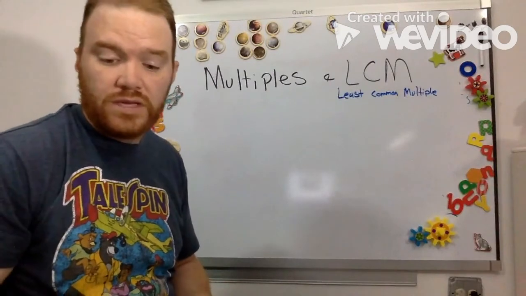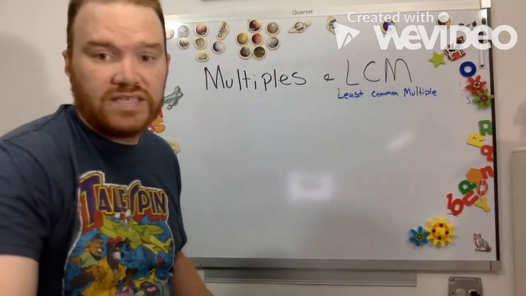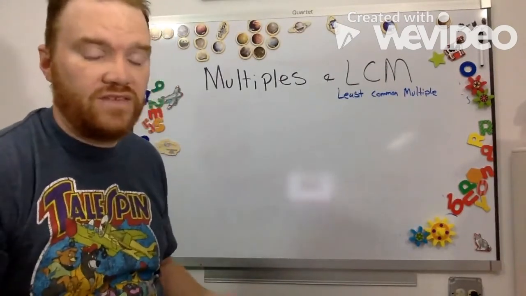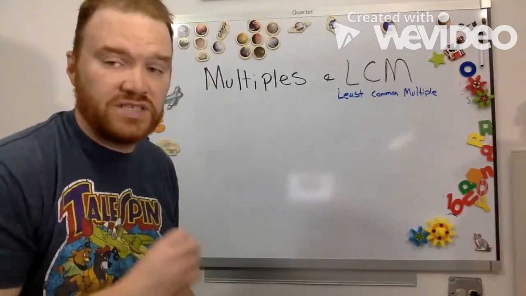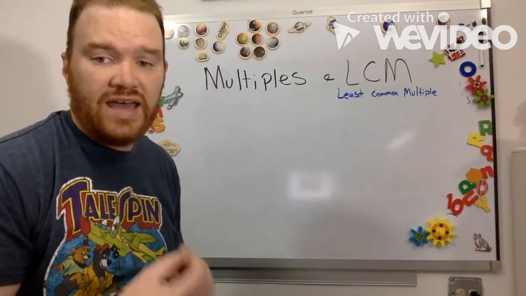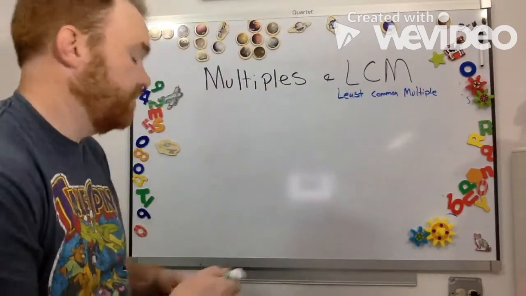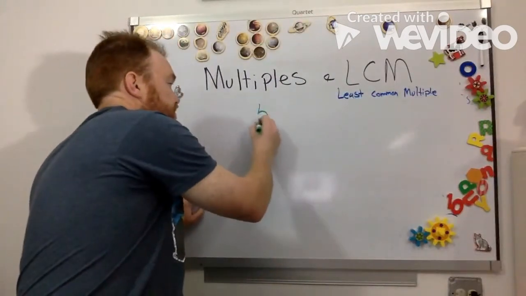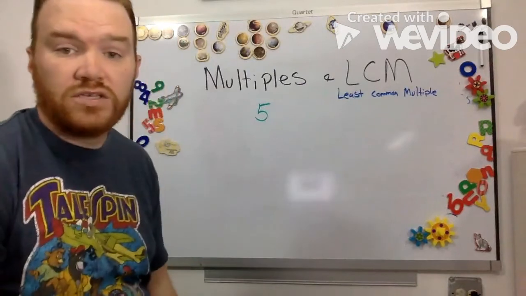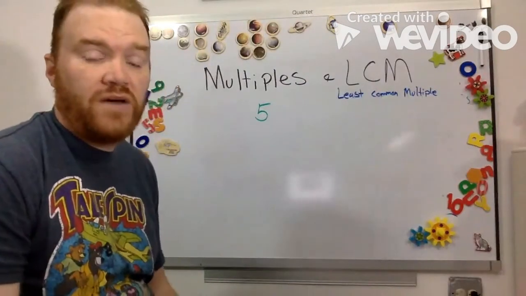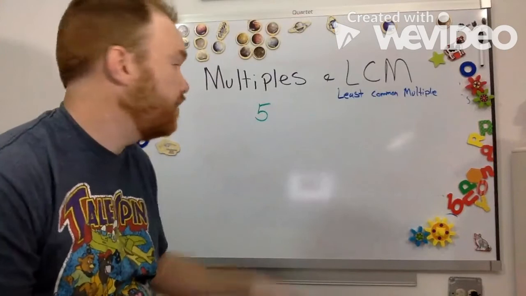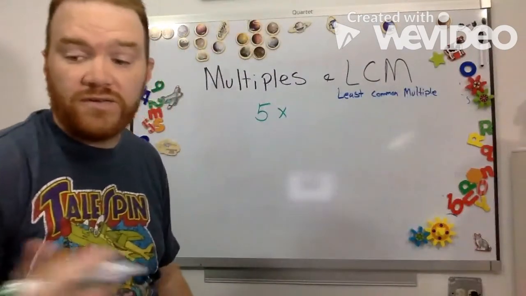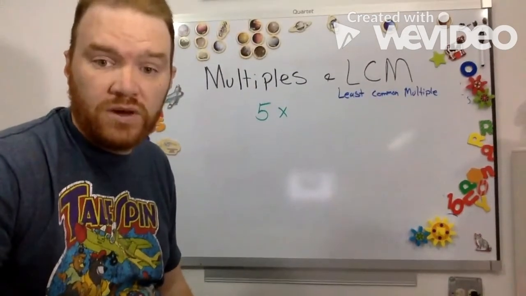I always like to say that a multiple is the product of a specific number and any other factor. So, for example, let's take 5. If I want to find a multiple of 5, I'm going to take 5 and multiply it by any other factor. And remember, factors can only be whole numbers.